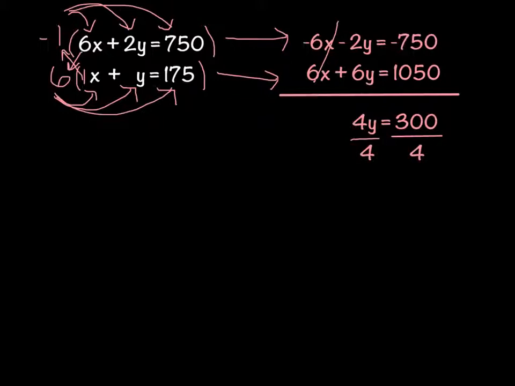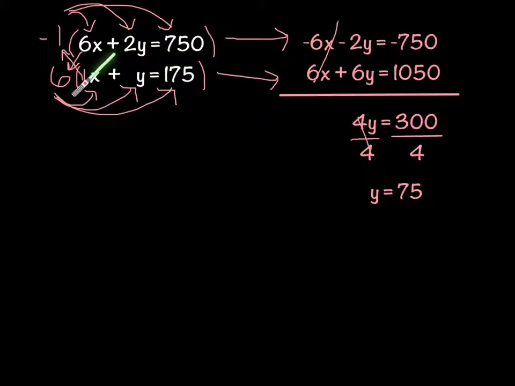And when we divide both sides by 4, 4 divided by 4 gives us the Y, and 300 divided by 4 tells us that Y is equal to 75.